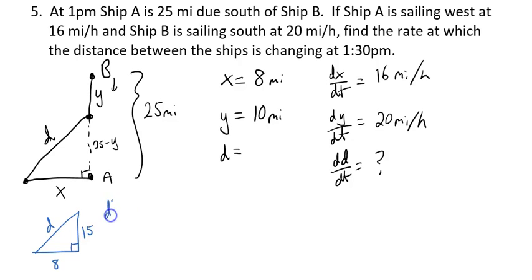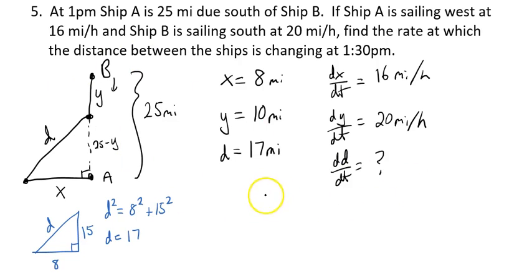So I'm going to have d squared equals 8 squared plus 15 squared. And when I solve that, I get d to be 17. So that's my scratch work. I can figure out that d is 17 miles at that particular point in time.